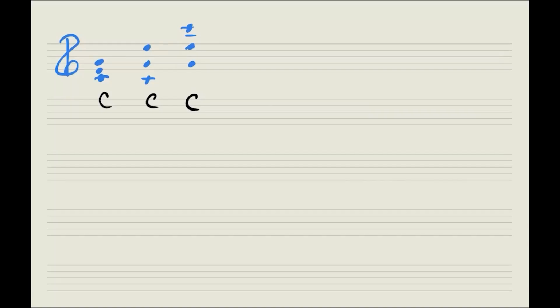So maybe we rewrite them all to be in the same octave, and then we try various permutations. Maybe we rotate below: we take the top note and move it down. And we have some sort of a template in mind. That template says that when you have stacked thirds, then the lowest note is the root.